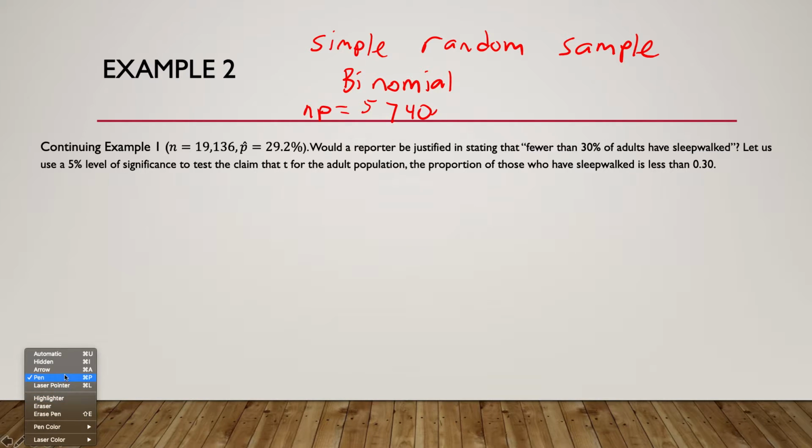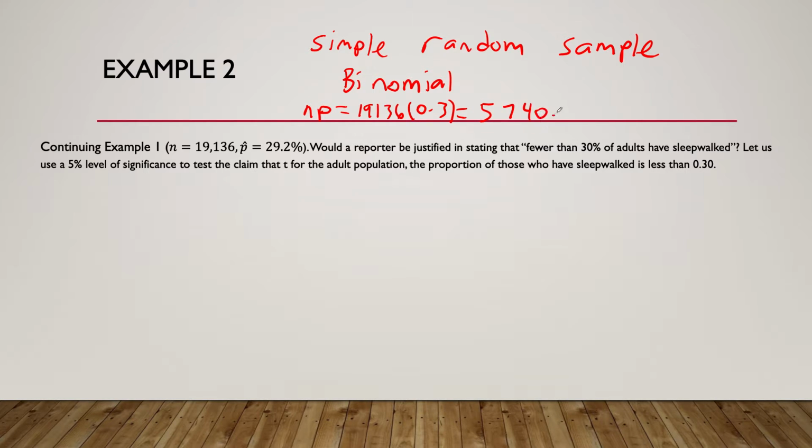That might be more helpful than me just writing the number. So that formula for this, we are using now 19,136 times 0.3. This gives us a value of 5,740.8.